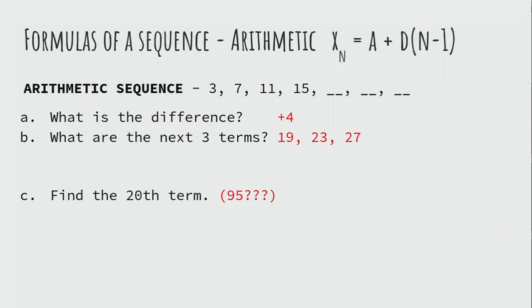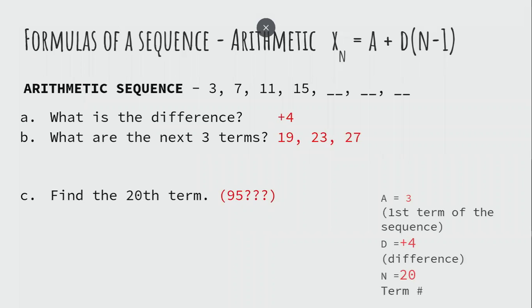But sometimes you are asked a term that's further down in the sequence. Okay? So our proposal was for you to find, or the question was for you to find the 20th term of the sequence, which means you had to use the formula.